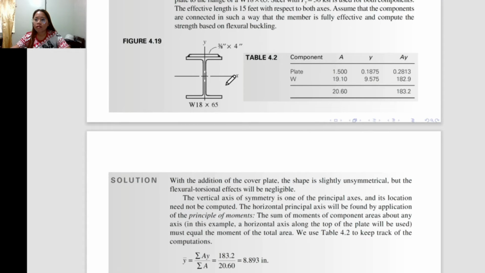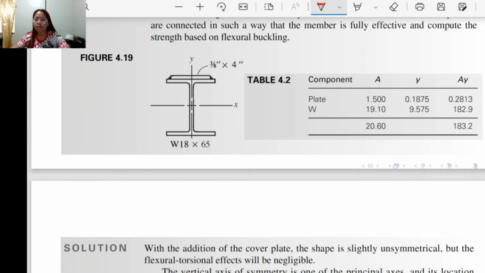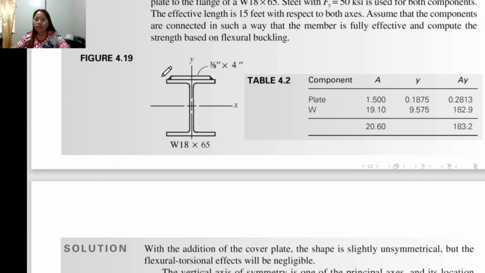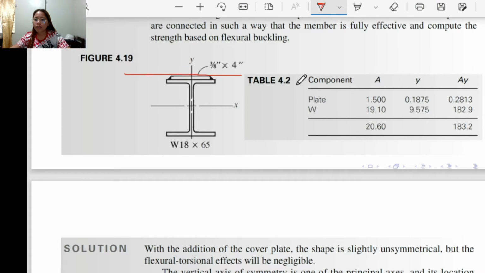Okay. Let me go back to how we get this y. The reference of this one is this reference line.